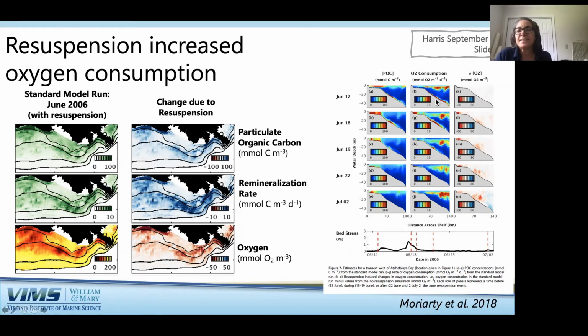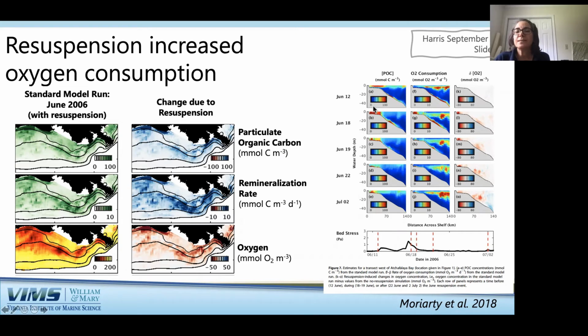I didn't take time to go through this figure on the right-hand side, but it is similar to some of the points you're making, from the model. These are cross-shore transects calculated by the model for the POC, the oxygen consumption rate, and the oxygen concentrations.